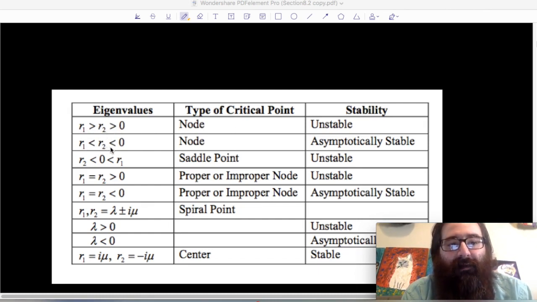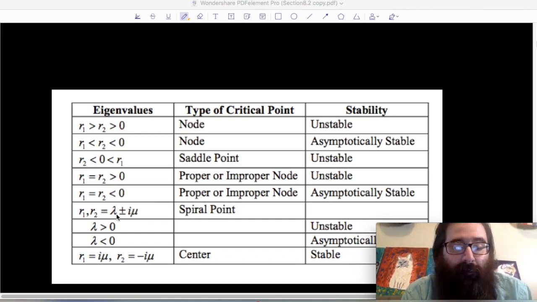If both of them are negative and distinct, we have an asymptotically stable node. If one eigenvalue is positive and the other is negative, we have an unstable saddle point. If they're equal and both greater than 0, then we have an unstable node, either proper or improper. If they're equal and both negative, then we have an asymptotically stable node, either proper or improper.